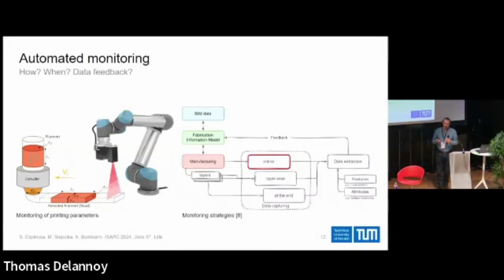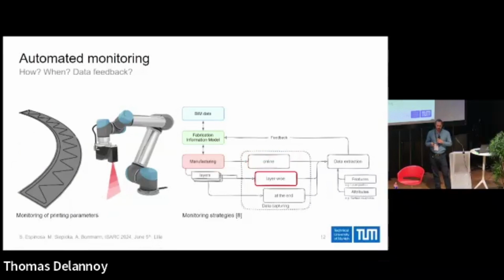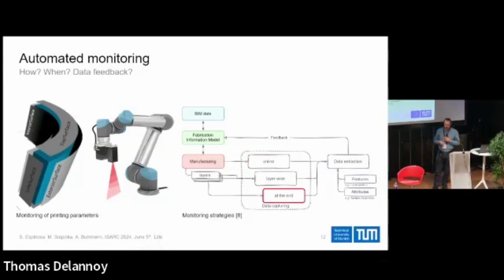Yeah, we can do it online. We can follow the printer with the profiler. We can do it layer-wise, so we can print one layer, scan it, then print the next layer. And we can also do quality inspection after the component is finished.